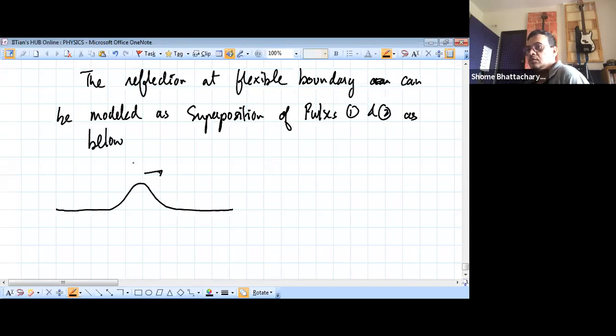So we have this pulse, and this is, let's say, so-called boundary point. We have this pulse 2, same width, same amplitude.